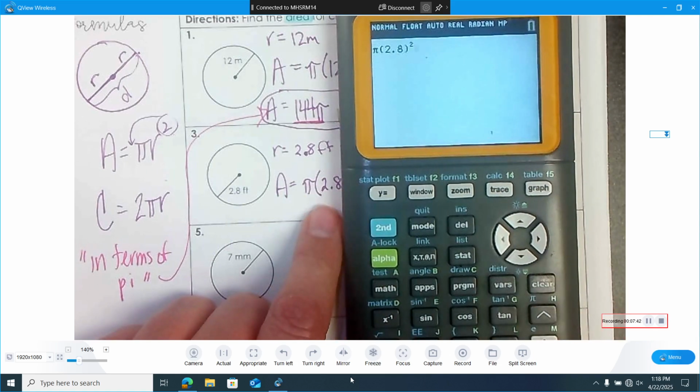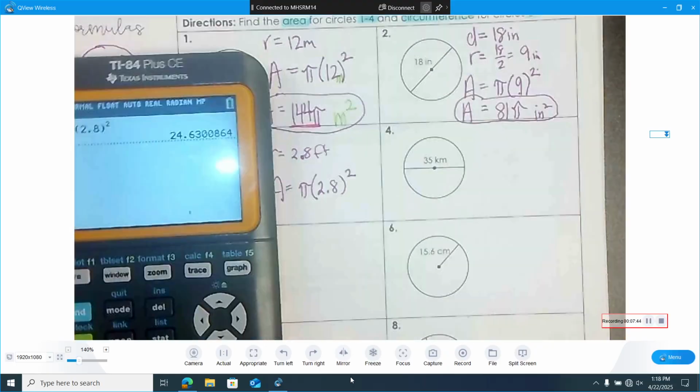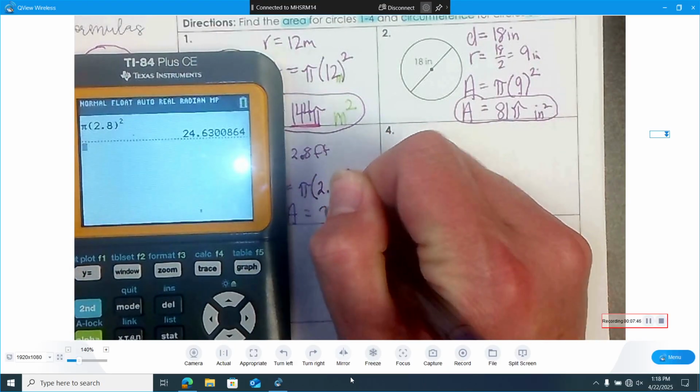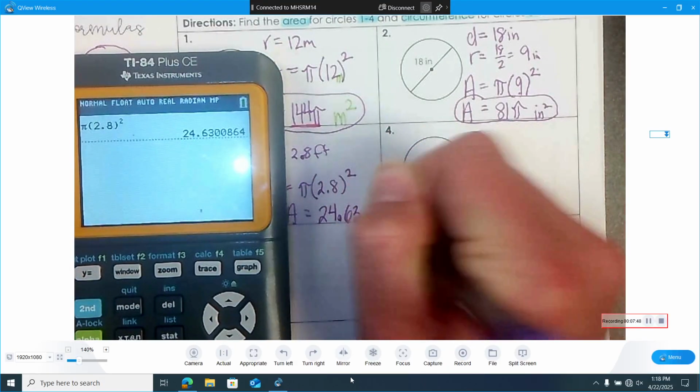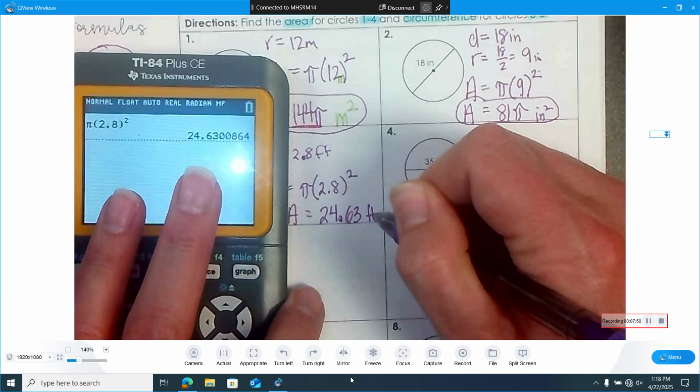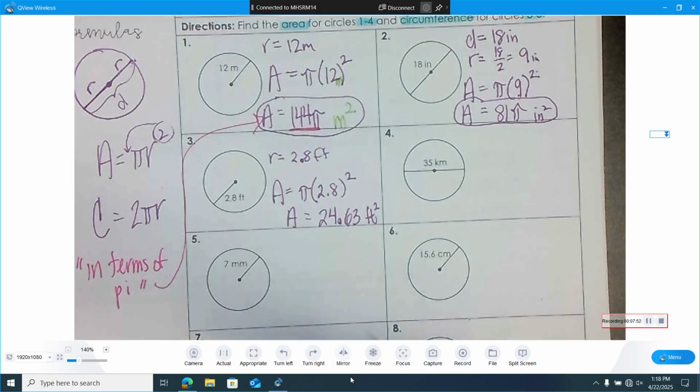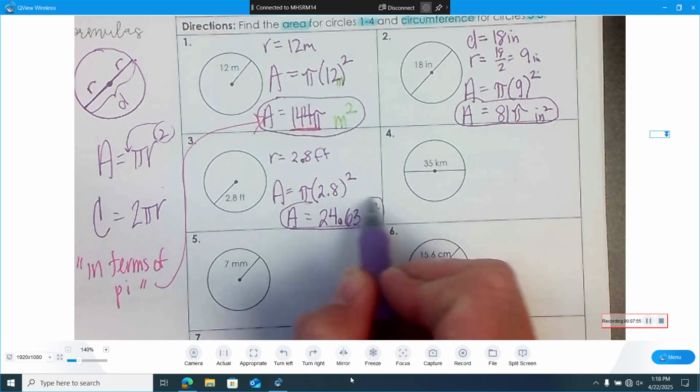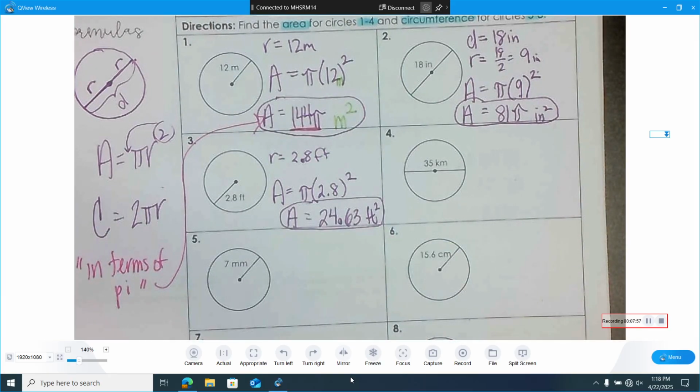All right, and then we get, so area is 24.63 feet squared. I'm rounding to the hundredths place today. If you see anything on Delta Math, you got to pay attention to what they want you to round to. Okay, any questions on those?